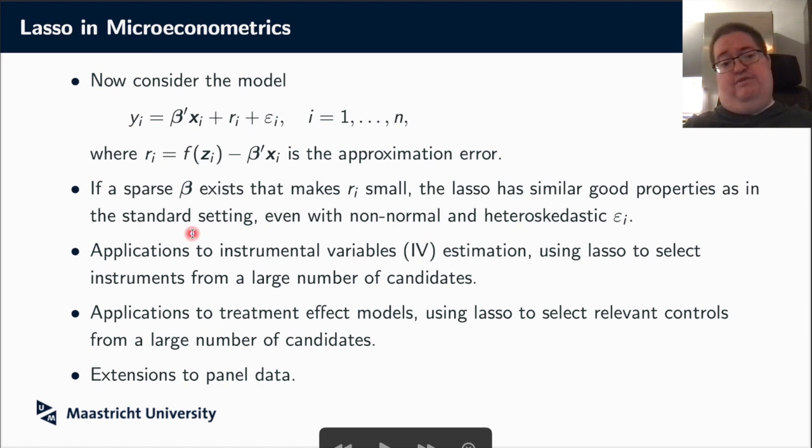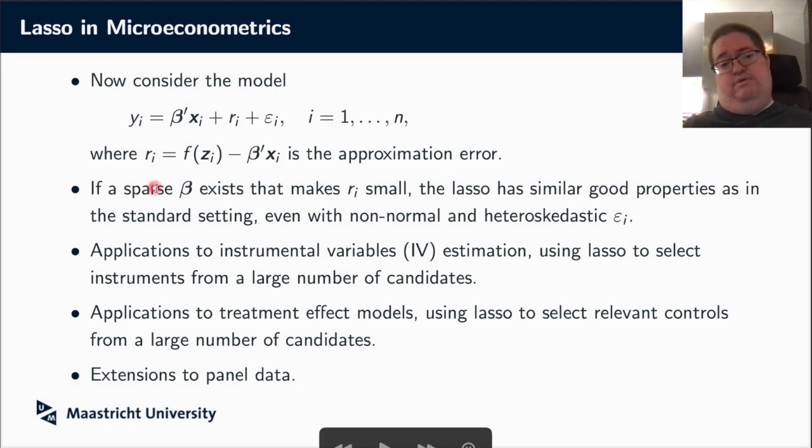And they show that if that condition holds, and of course whether that condition holds really depends on each particular choice of combination of f and the x's that you get, then the lasso actually still works as well as before. And then they start relaxing it. They say, well, let's assume non-normality for your epsilons. Let's assume heteroscedasticity for your epsilons, and it still works well.